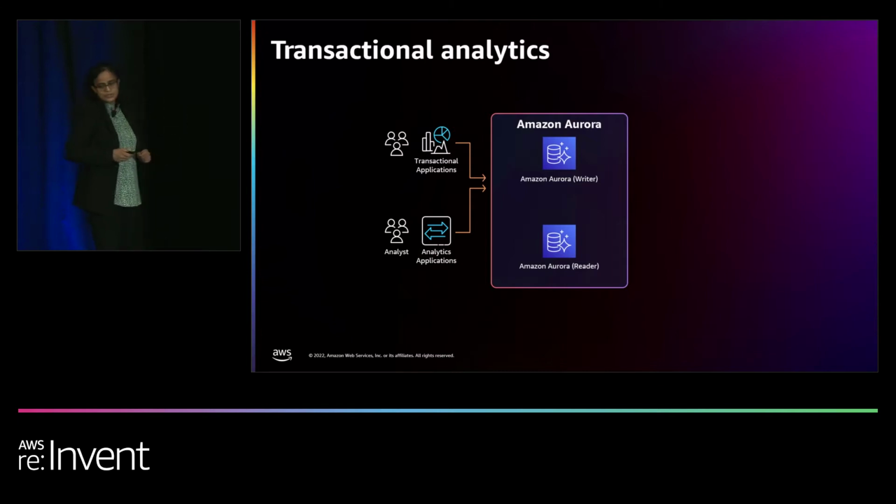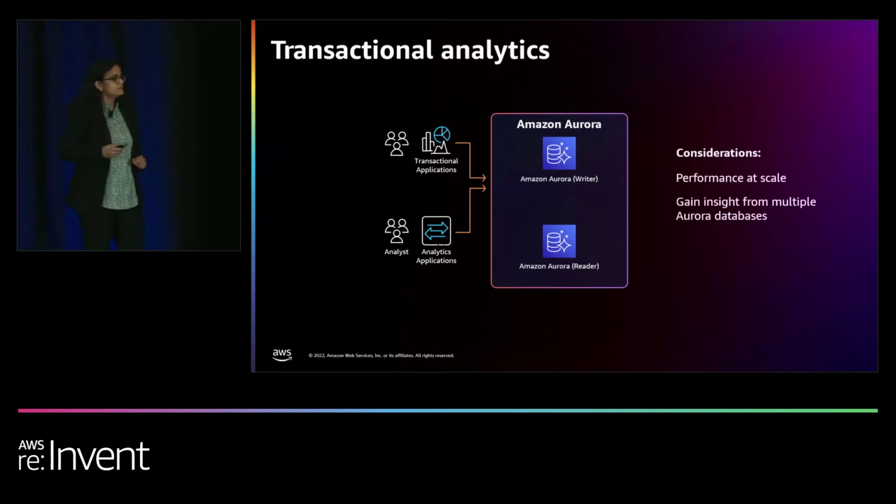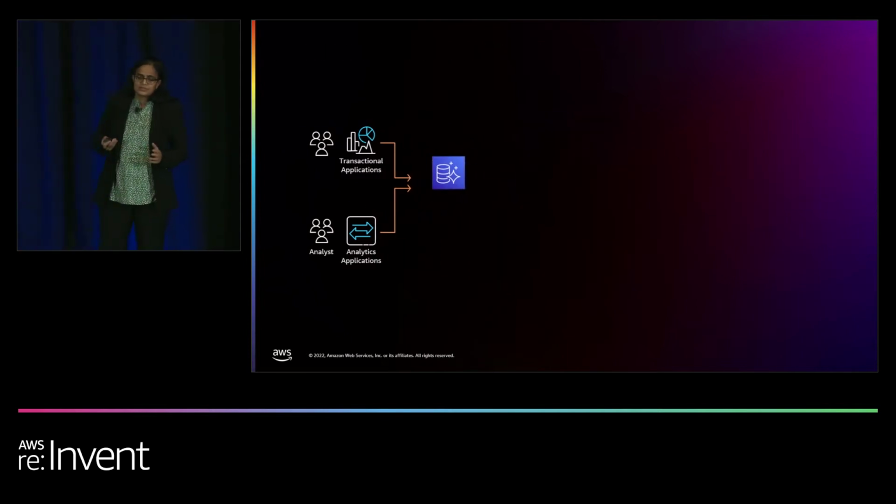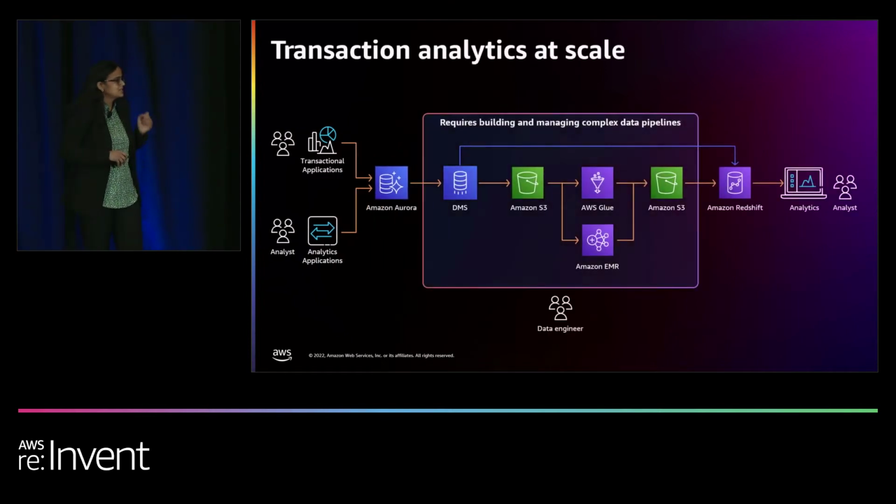And as the demands grow and customers start to look for better performance at scale, or they're looking to analyze data across multiple Aurora databases, they move to a slightly different architecture, which looks something like this, which is the transaction analytics at scale architecture.